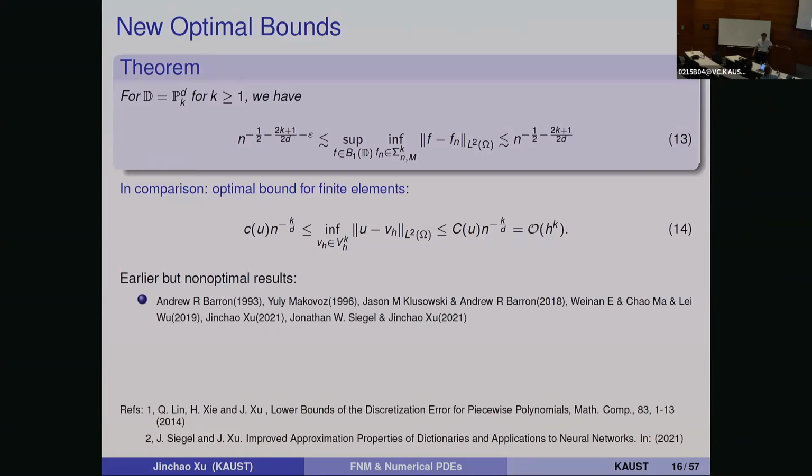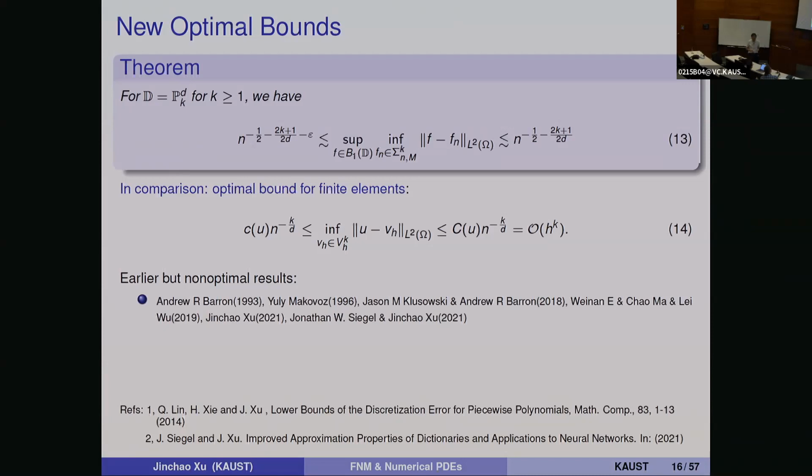In the statistics literature, approximation literature, some people call this the Barron norm, and they did this n to the negative half, but usually only get n to the negative half. Right now we can get some extra power. This extra power is not a big deal, but it's mathematically interesting.